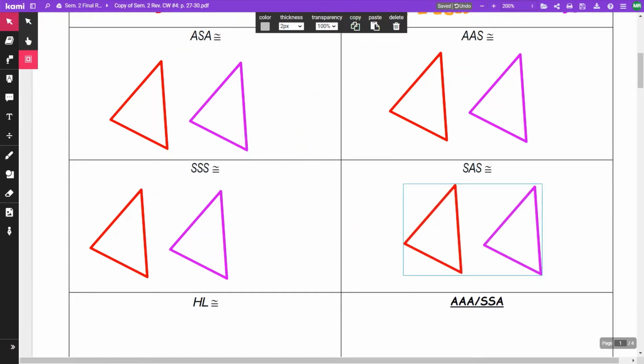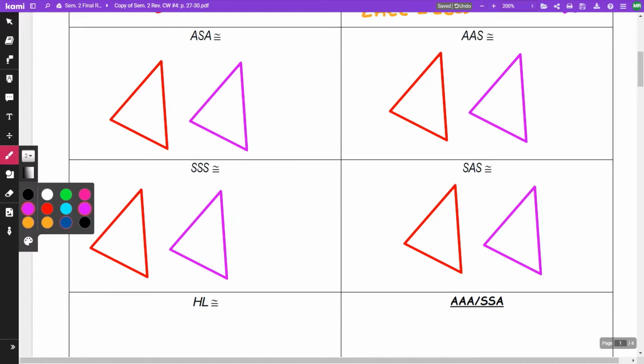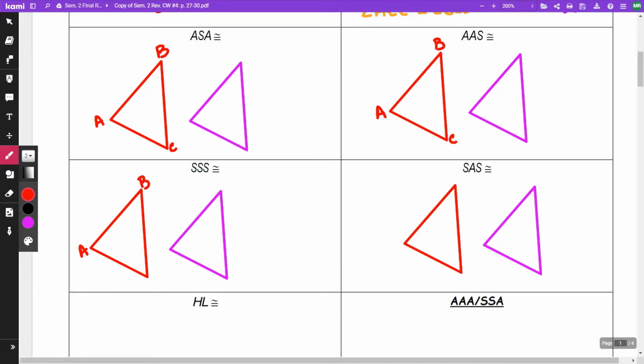Okay. So let's say that this one is A, B, C. I guess I could have copied that in each of them. And in the other one, we'll just call it D, E, F.